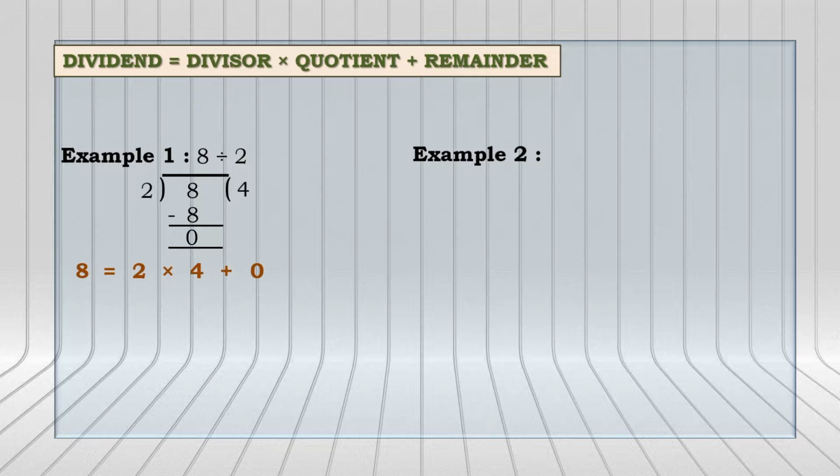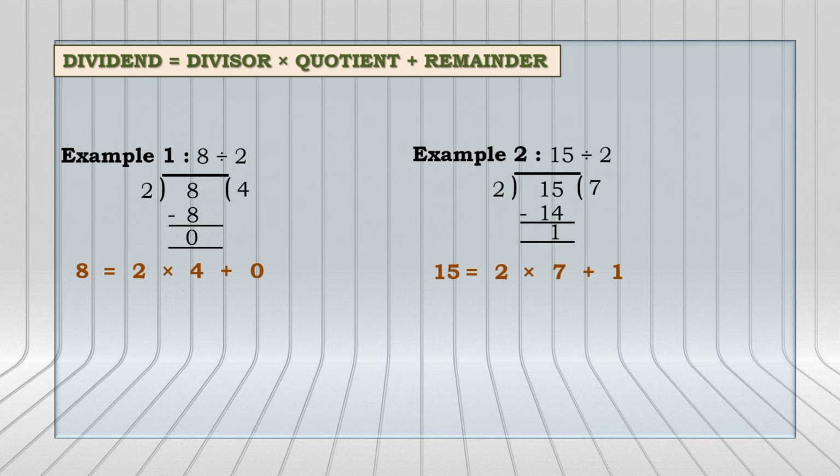Now let us take another example, 15 divided by 2. If we divide 15 by 2, the quotient will be 7 and the remainder will be 1. So 15 can be represented as 15 equals the divisor 2 into the quotient 7, plus the remainder 1.